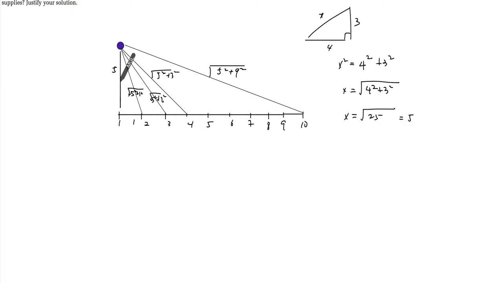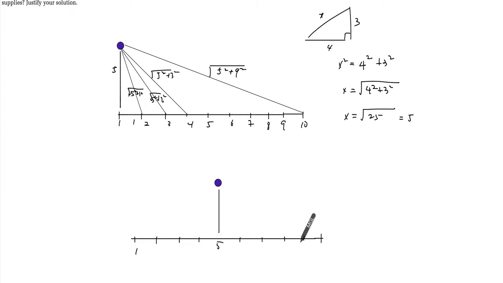Okay, so let's see what happens if I put the same thing, but put this thing here in the middle. So 5 is going to be the middle, right? 4, 3, 2, 1, then 6, 7, 8, 9, 10.